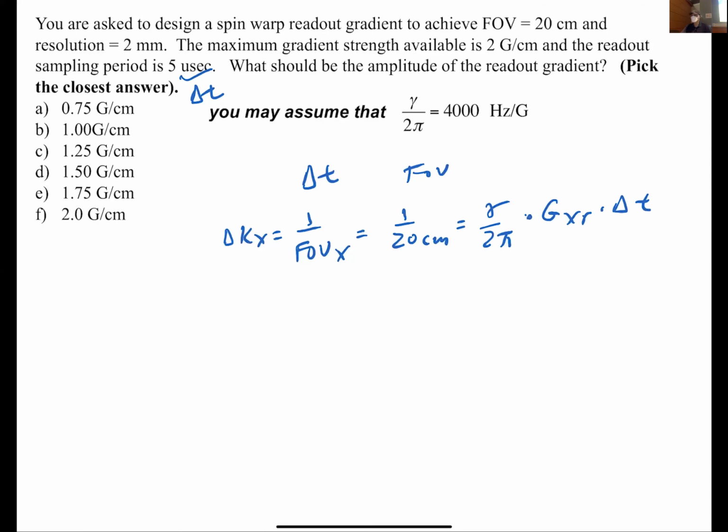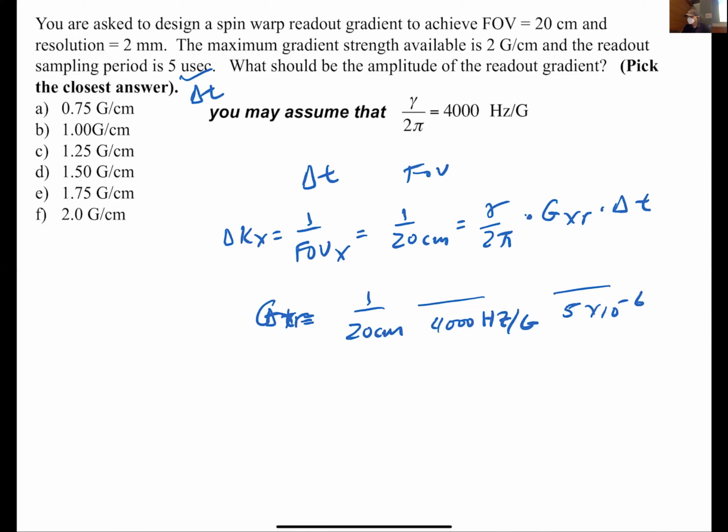So I should be able to write down gxr is simply equal to 1 over 20 centimeters, with 4,000 hertz per gauss on the other side, and then 1 over 5 times 10 to the minus 6. So now we just have to solve for what that is.